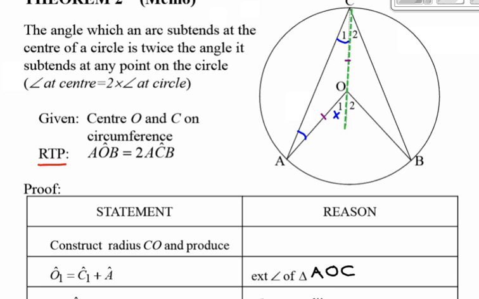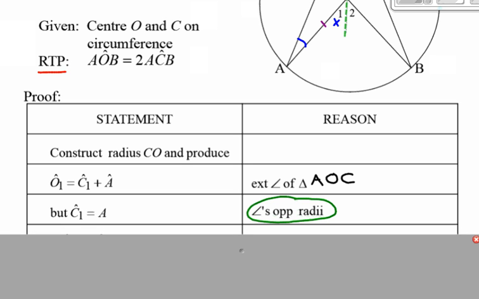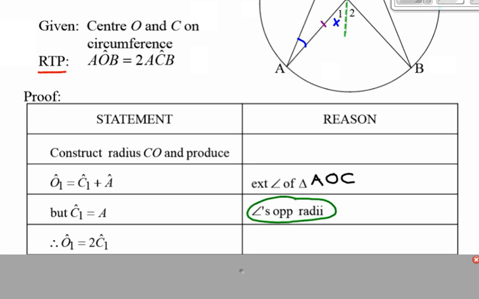So C1 is equal to angle A. But remember what your reason is? Angles opposite equal radii. Cool. Therefore, I can conclude that O1 is in fact 2 times C1, because instead of saying C1 plus A, I can now say C1 plus C1, because A is in fact C1. So we've got our first little conclusion there.